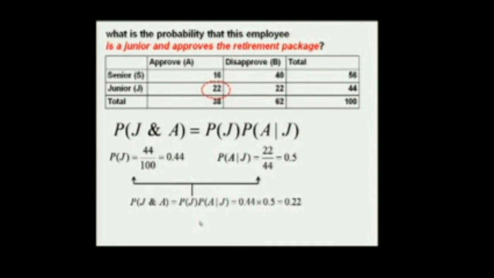So P(J and A) equals P(J) times P(A given J): 0.44 times 0.5 gives us 0.22. Or we can go straight to the contingency table and get P(J and A) being 22 divided by the total, and that will give us the probability of J and A for dependent events.